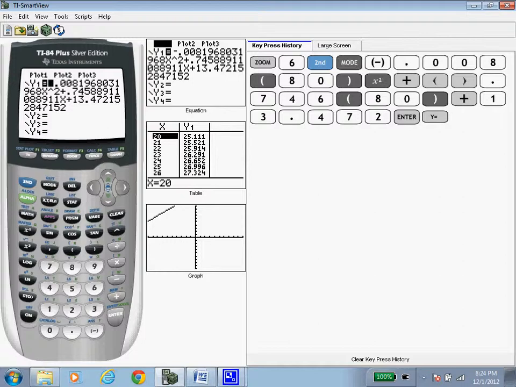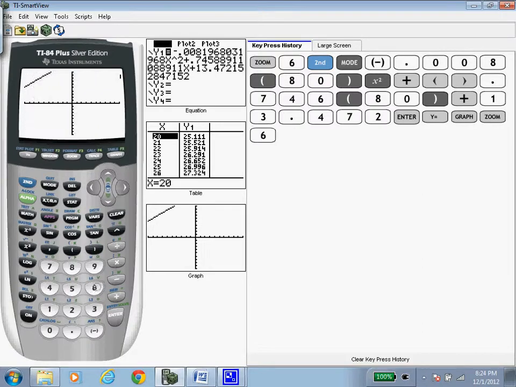But here's the function that we got from before, and I'm going to go to the graph, and I'll notice that my window is not good right now. First off, just like always, you should have hit zoom 6 to default your window to the standard viewing window. However, we'll notice I only see what looks like part of a line going up, and I know it should be a U shape, a parabola, and because of the negative value of A, it should be a parabola that opens downwards.